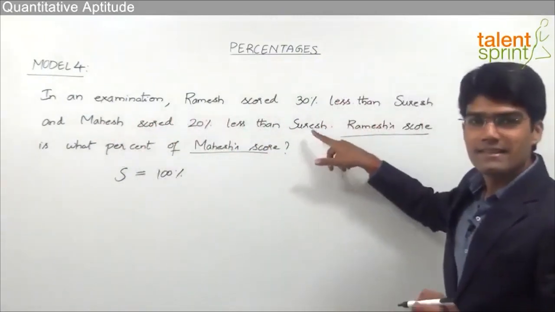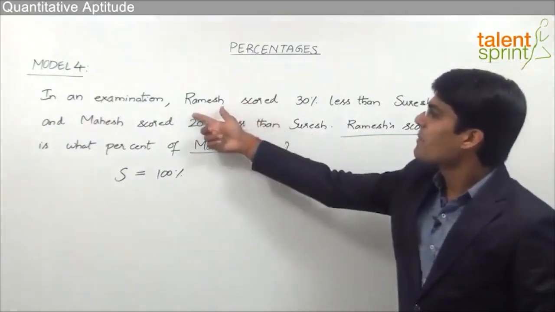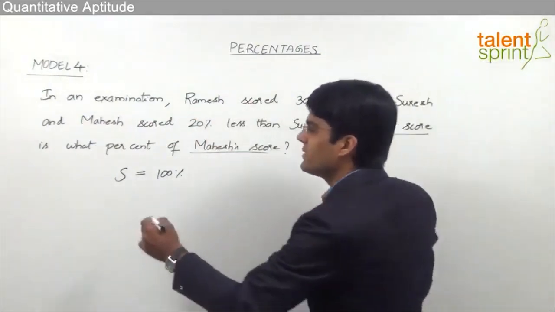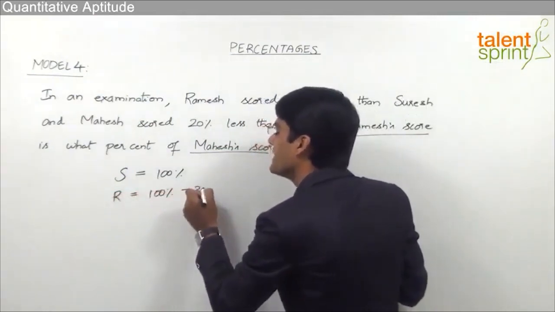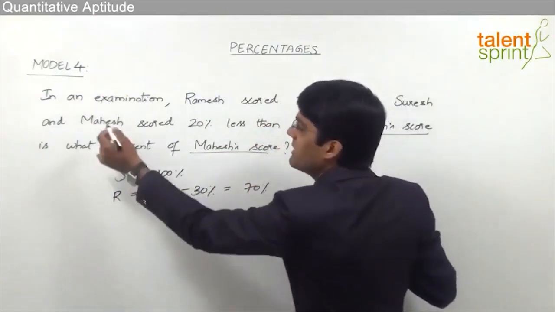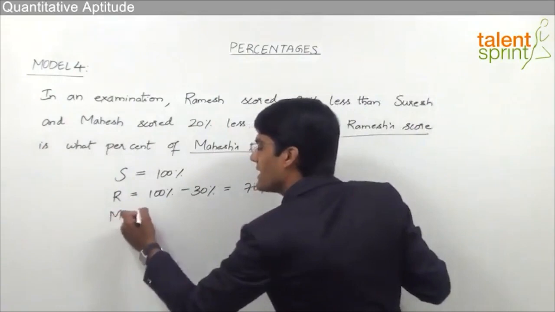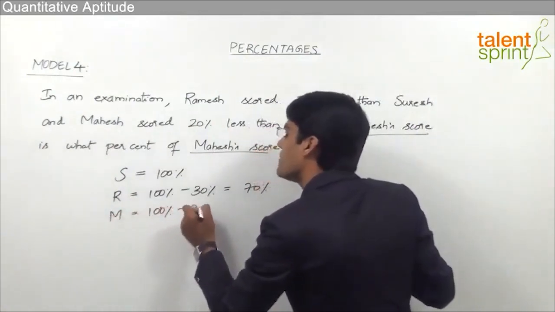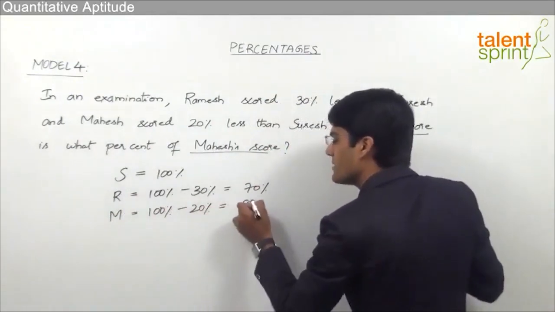So let us take the reference, that is Suresh's score, as 100%. Now as it says, Ramesh scored 30% less than Suresh. So Ramesh's score should be 100% minus 30%, which is equal to 70%. And similarly, Mahesh scored 20% less than Suresh. So Mahesh's score can be taken as 100% minus 20%, that is 80%.